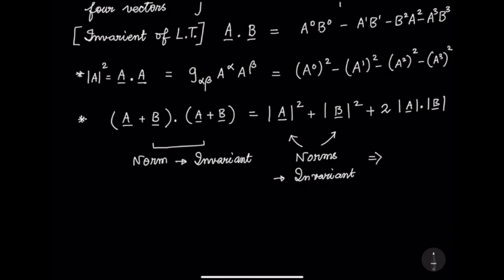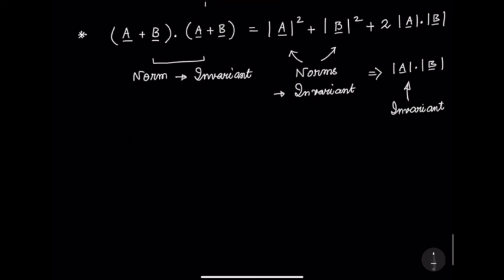This implies that A dot B is invariant. This is like, if you have 3 vectors, A dot B gives you the angle between these 2 vectors. So this is an angle in between 4 vectors. I don't know how to physically describe that, but it is interesting that A dot B is also invariant.